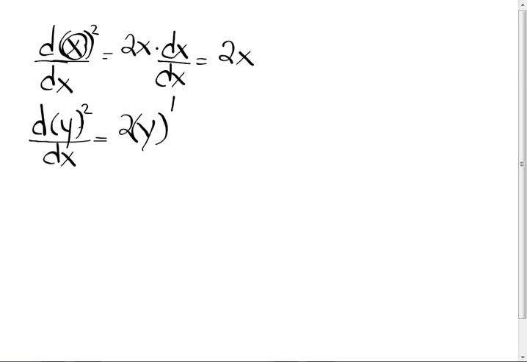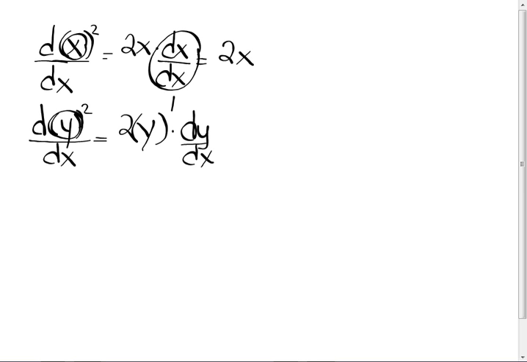First, times the derivative of the function inside there with respect to x. So it's times the derivative of y with respect to x. That is not 1. Why is this one 1? Because these are what? The same things.